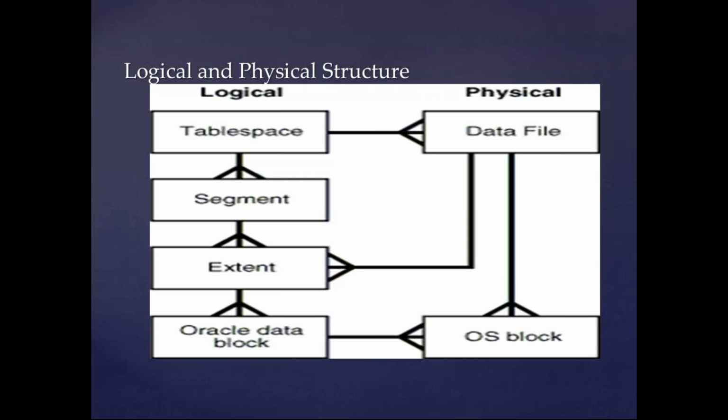Logically, how I told you the address of any block is found. Now the operating system blocks make data blocks, because the database will store data in its own format, right? It cannot depend on the operating system block ID, so it has its own block. So one Oracle database block can have one operating system block or can have multiple operating system blocks, right?